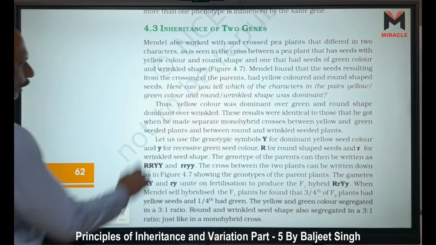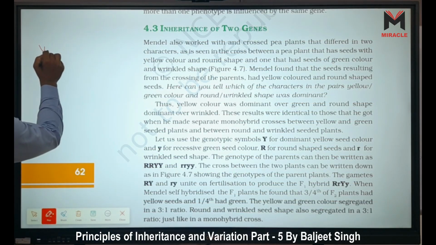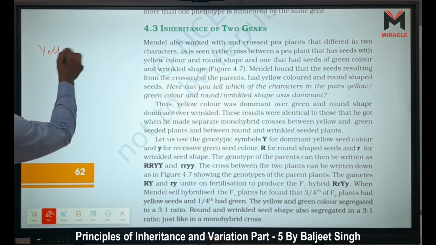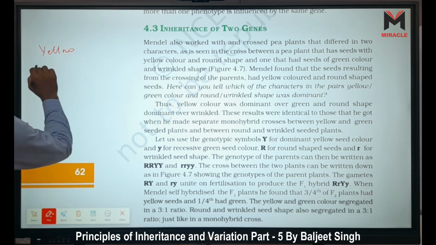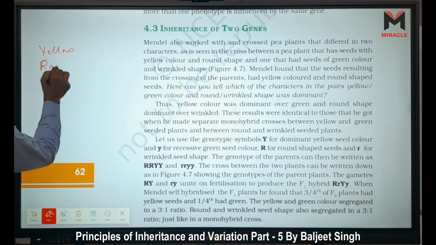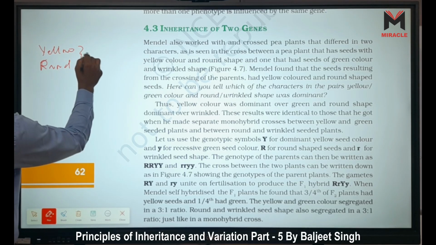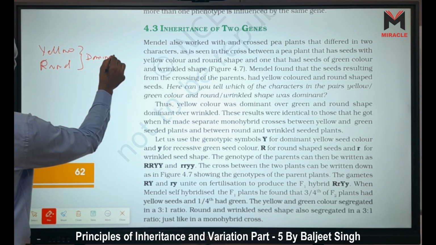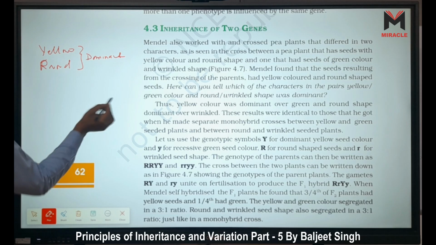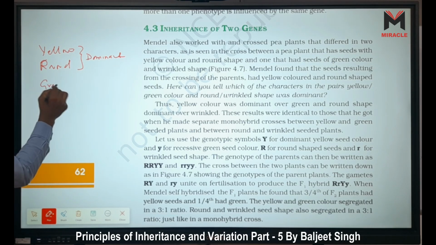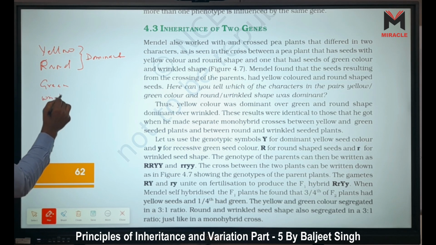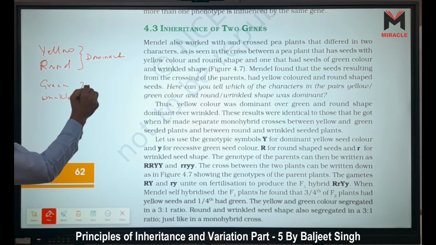Yellow and round are dominant, and green and wrinkled are the recessive traits.